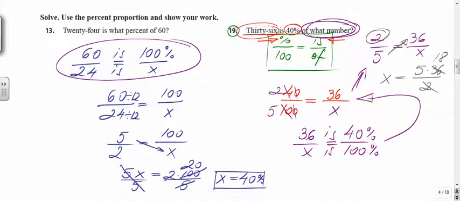And your x will be 5 times 18, which is what? 5 times 8 is 40, 5 times 1 is 5, plus 4, 9. Your x is 90. So what is the value of the missing number? That missing number is 90. 36 is 40% of 90. I hope it makes sense. Okay?